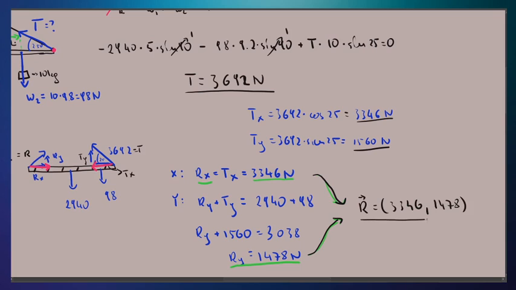This is an expression for R in vector notation. But if I want the magnitude, I would have to use the Pythagorean theorem, so 3346 squared plus 1478 squared, and then the square root of the whole thing, and that will give me R. Let's run this through and see what we get.